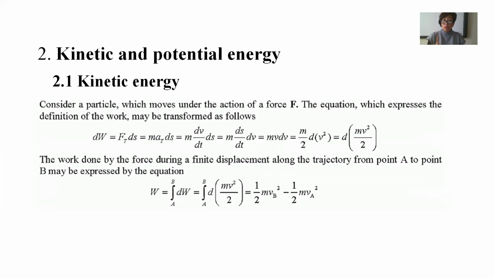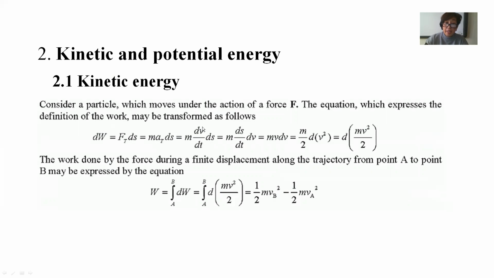Using Newton's second law, the force is m a, multiplied by ds, where m is mass and a is acceleration. Acceleration shows the changing velocity; I use the instantaneous acceleration.